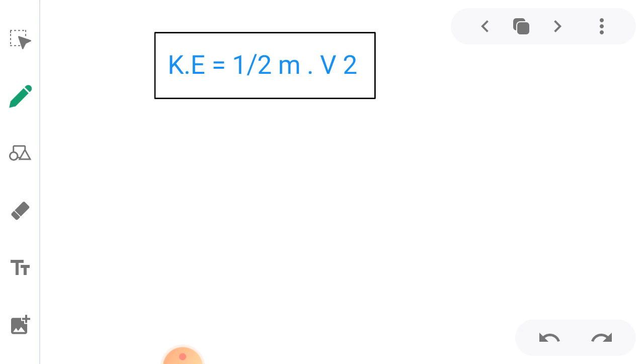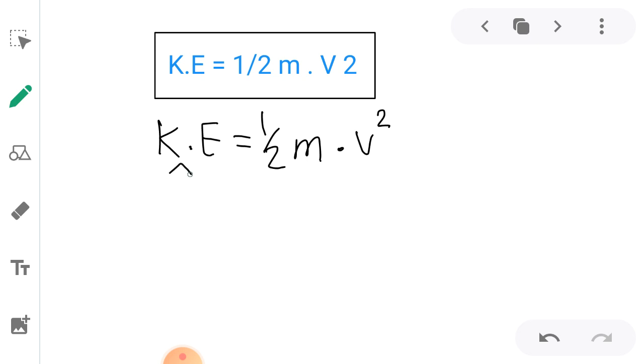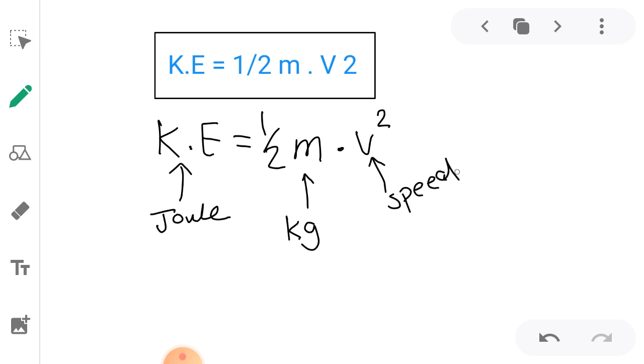So from the two factors, mass and velocity, we can calculate the kinetic energy. Kinetic energy equals half mass times velocity squared. Again, kinetic energy equals half mass times velocity squared, where kinetic energy is measured in joules because it's energy, and we said any energy is measured in joules, and m is for mass, measured in kilograms, and v is for velocity or speed, measured in meters per second.